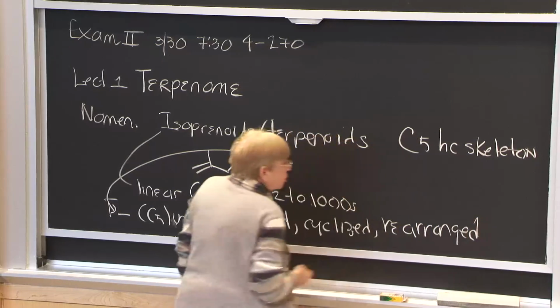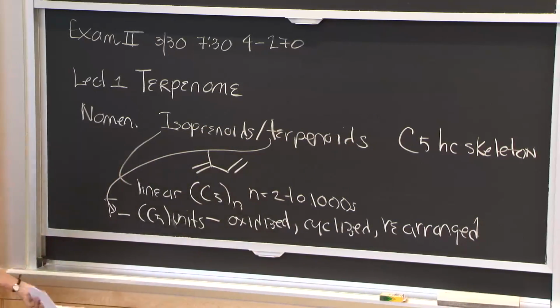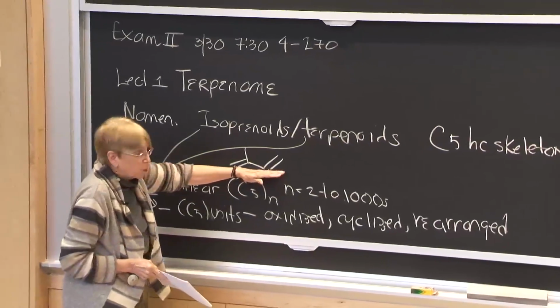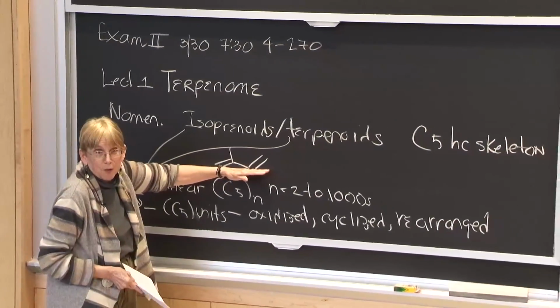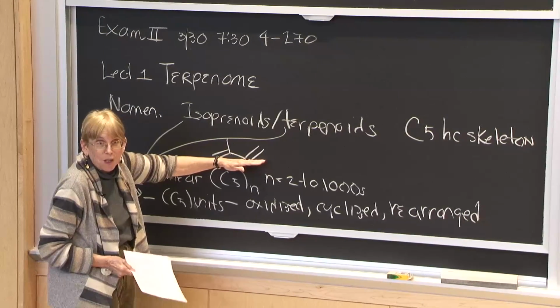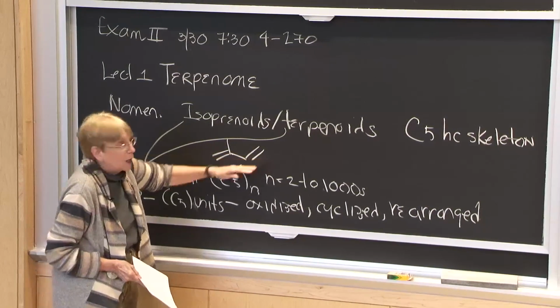Okay, so my goal today is to introduce you to this huge class of natural products, give you some examples, and then start focusing on how we get the building blocks. Do you think this isoprene can be a building block? It's chemically not very reactive, so no, we have to convert it into the chemically reactive building block.